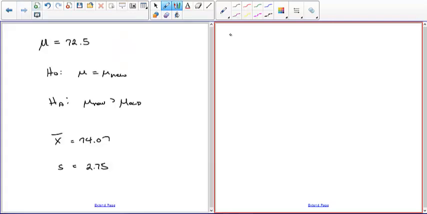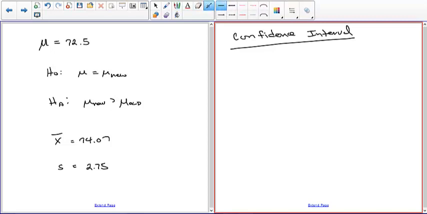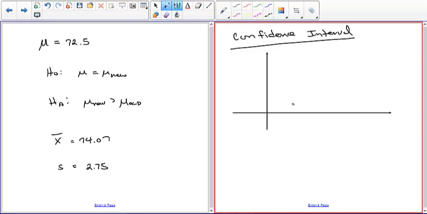Okay, so the first thing is the confidence interval method. We're just going to be doing the same order that we've done in class. So if we draw our picture, just draw our generic normal distribution.